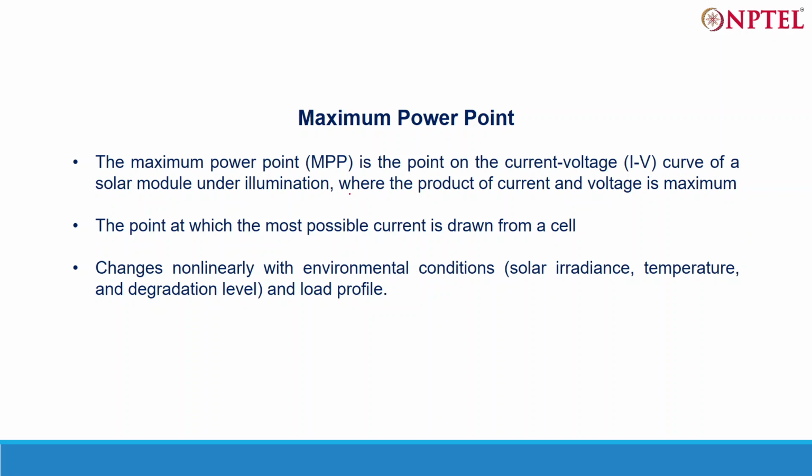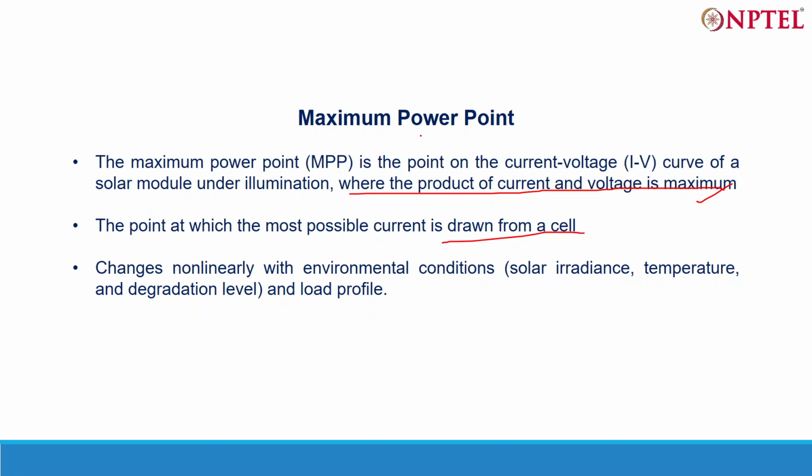I will show you in the graph itself. It is also the point at which the most possible current is drawn from the solar cell. That is also shown in the graph itself. I will show everything on the graph.